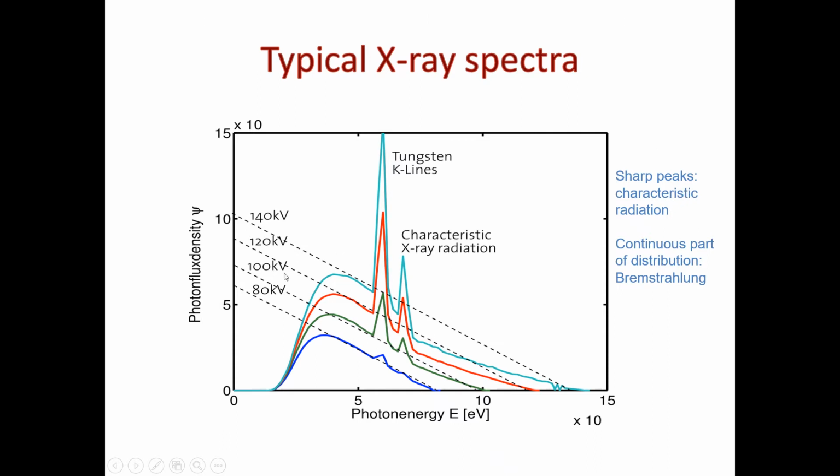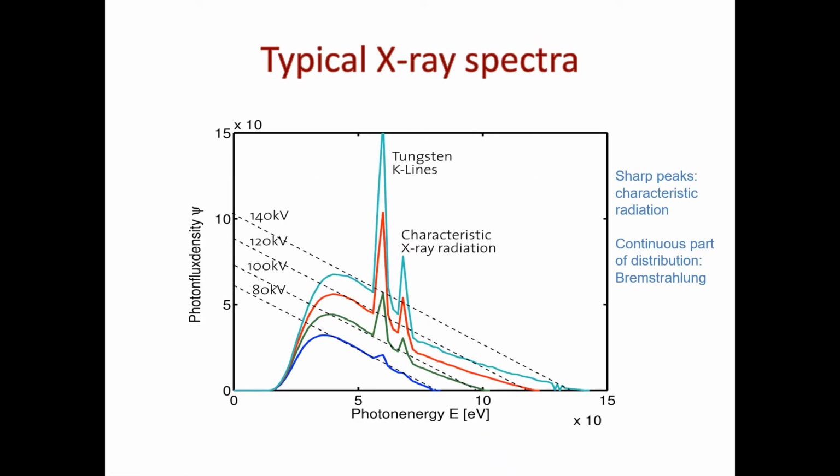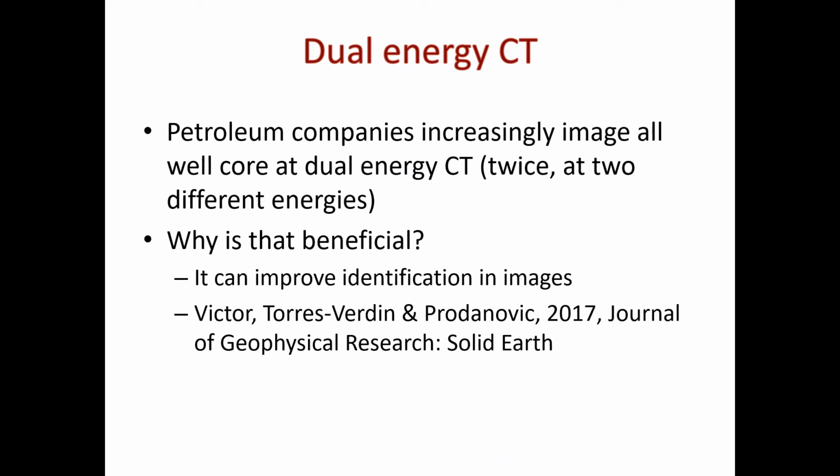These sharp peaks in the produced energy, depending on what energy you're using for your X-rays, are characteristic X-ray radiation. So you can go above and below the characteristic X-ray for a different material, and there are different things that you're going to see using that energy. Okay. So that is right now used as dual energy CT.